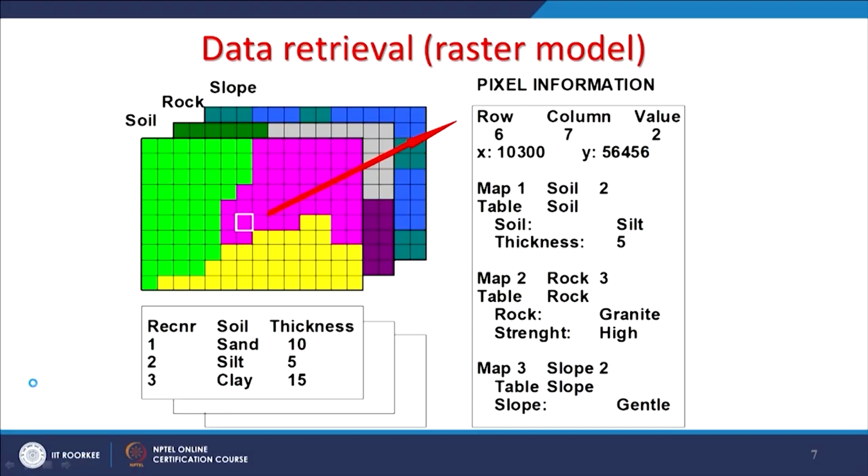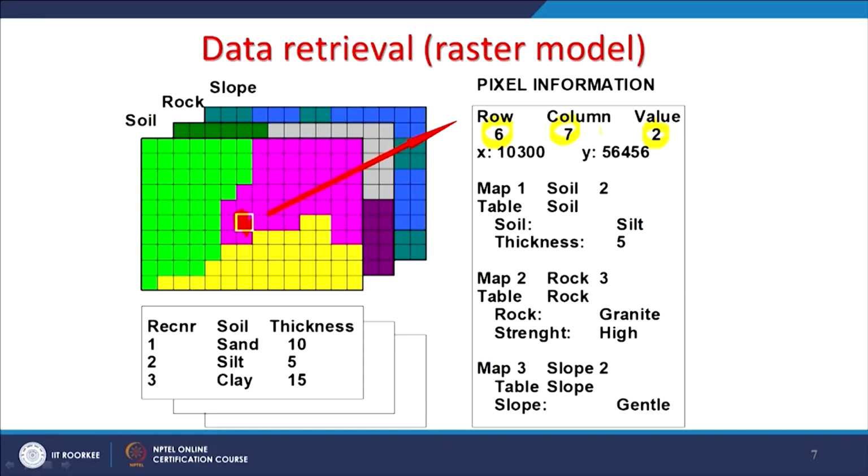So we have a grid on the left side, and the query is basically what is at. What is at that particular location, which is shown through this arrow, as you can see about this cell. The location is shown here, the column number is shown here, and then the value is shown here. Now there are three layers.